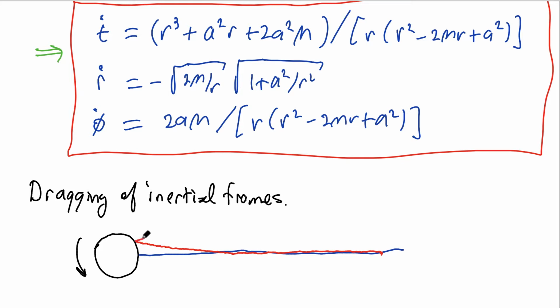So the observer hits the horizon, but the trajectory is swept away from this radial line by the rotation of the black hole, and that's referred to as the dragging of the inertial frames, the inertial frame defined by this freely falling observer.